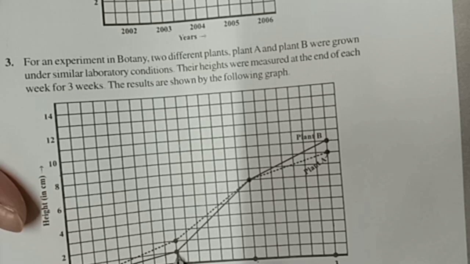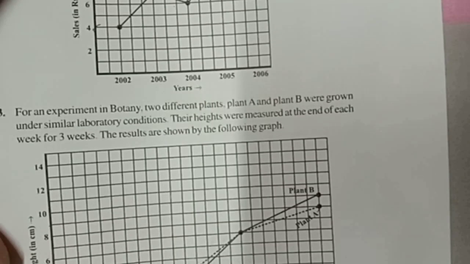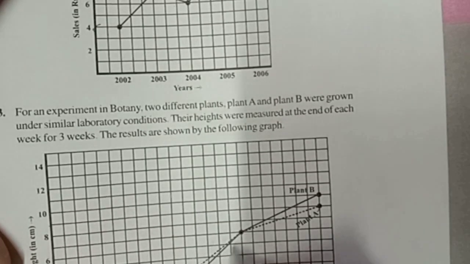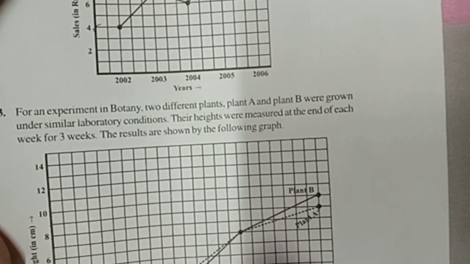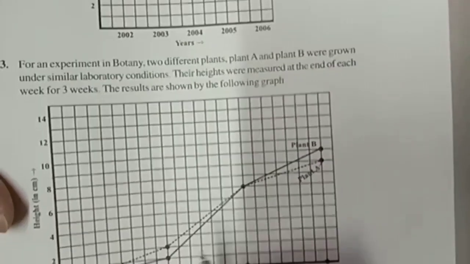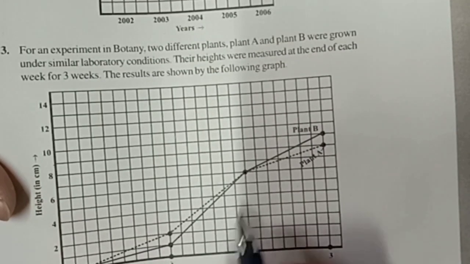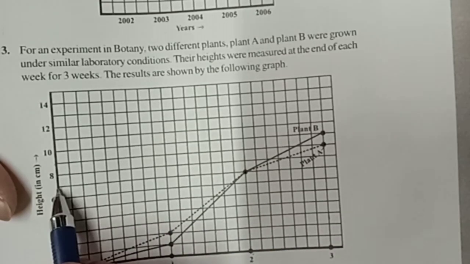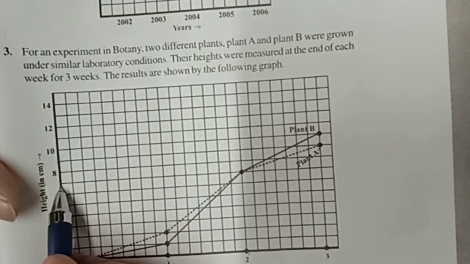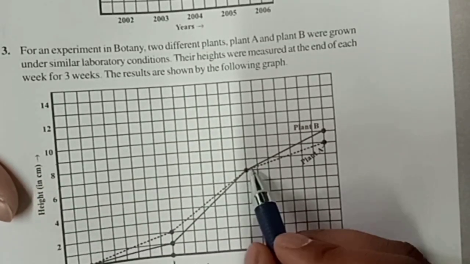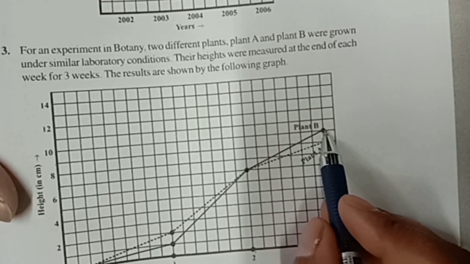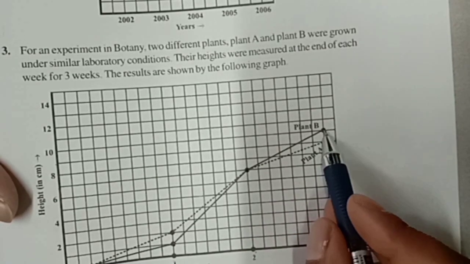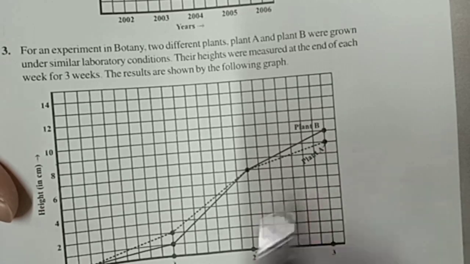Then second week it grew from 1 centimeter to 7 centimeter. You can check from 1 centimeter, this one, right? And then 7 centimeter, this one. And then third week from 7 centimeter to 10 centimeter.